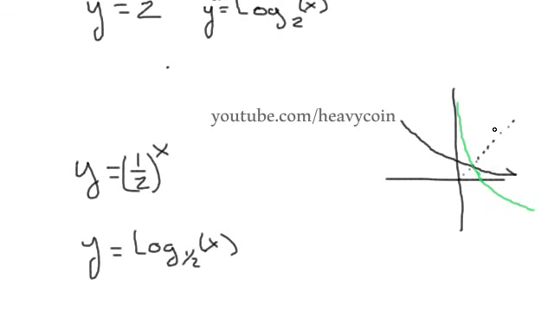Alright, so remember both these graphs are a mirror image about y is equal to x right here, as you can see. Okay, so this is just a little summary on how to graph logarithmic functions and exponential functions, and noting that these are inverses of each other. And of course we talked about how to go from exponential form to logarithmic form.